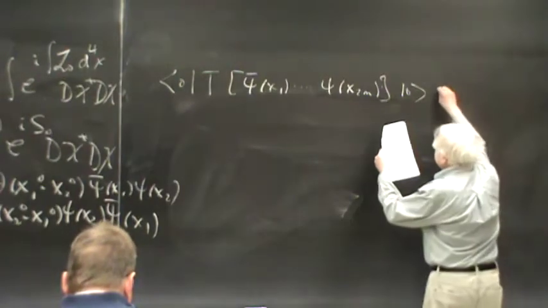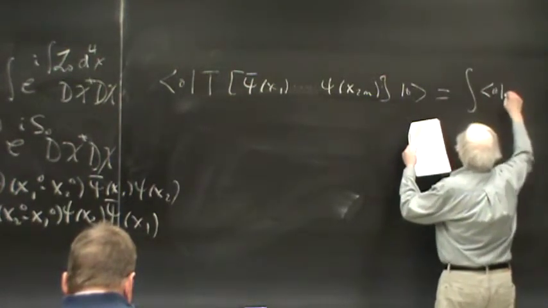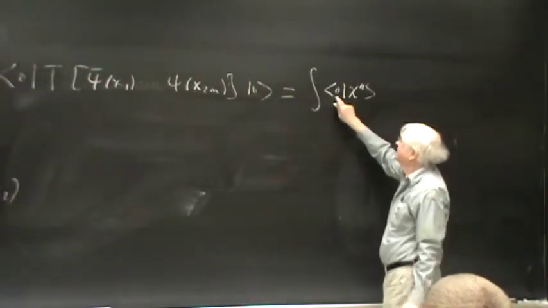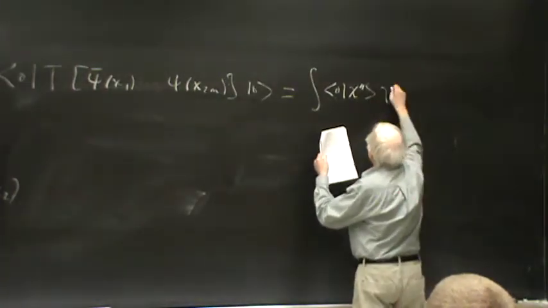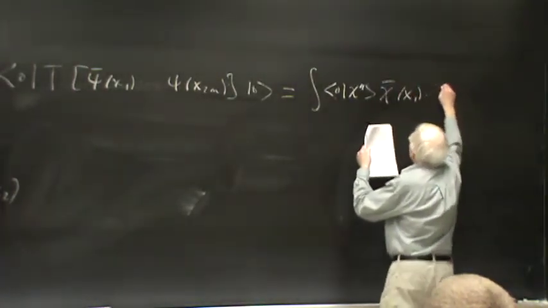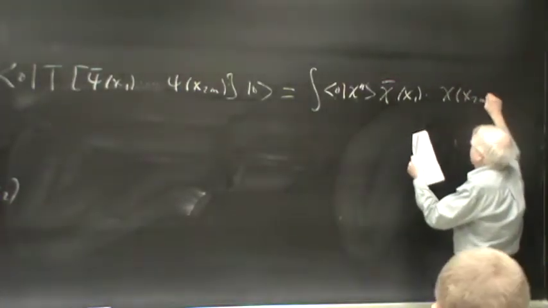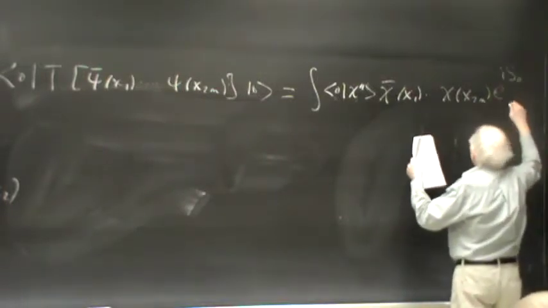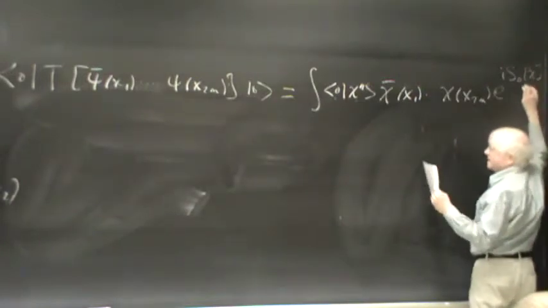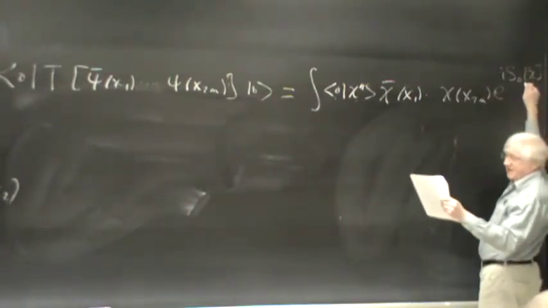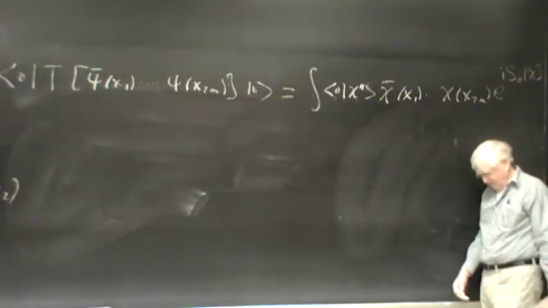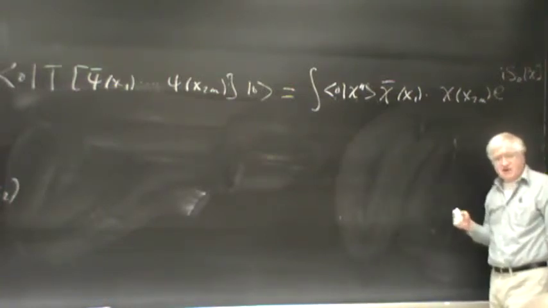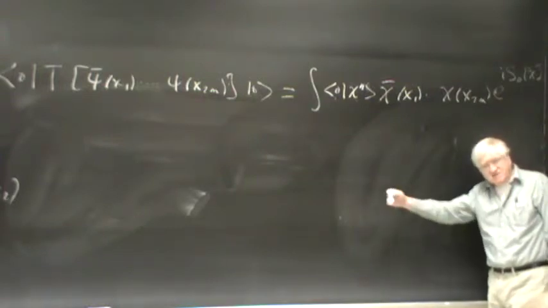And then this is equal to an integral. So this is the ground state, chi double prime, and then we would have chi bar of x1 dot dot dot chi x2n, and then we would have e to the I s0 of chi, chi depending on d4 x, or chi being the sequence of the coherent state arguments for all the intermediate state dyadics that we put in.